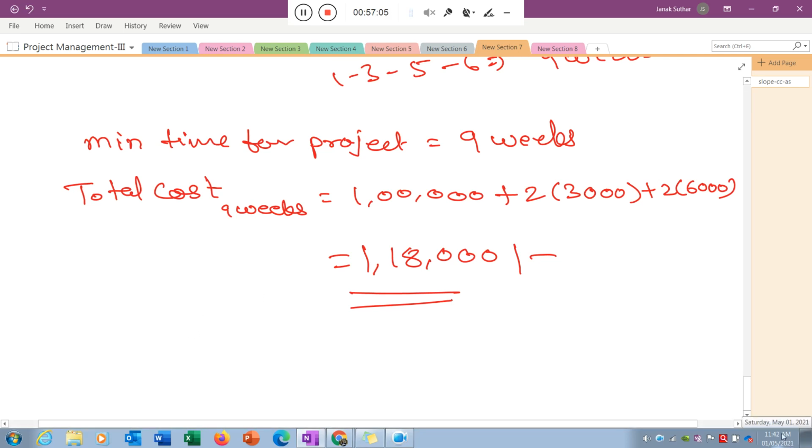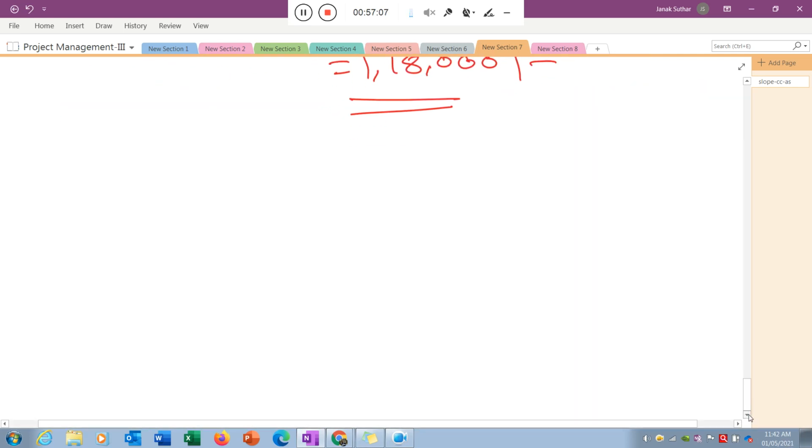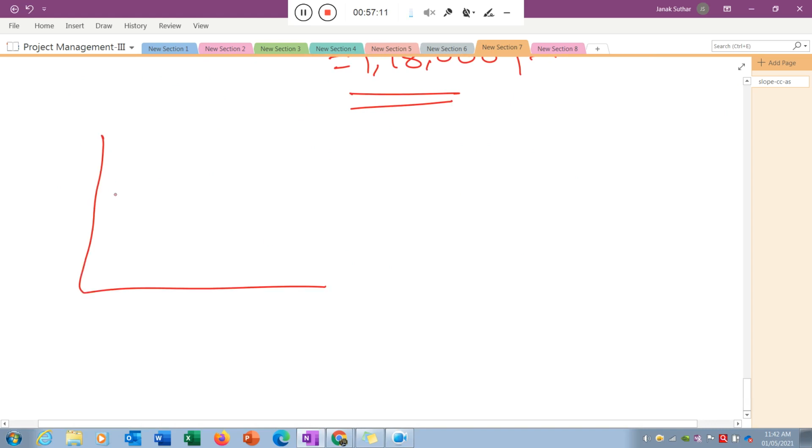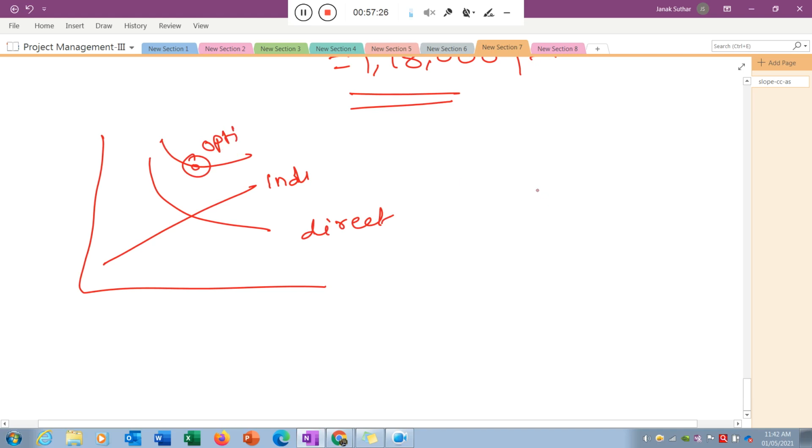And the next point, why a trade-off is not possible here: because in the previous sum we saw there is one more cost, that is the indirect cost. One cost is related to direct cost, and the trade-off we need to find out in that particular sum, that is the optimum. And here it is not asking about the optimum, here only one cost is available, that is the direct cost.